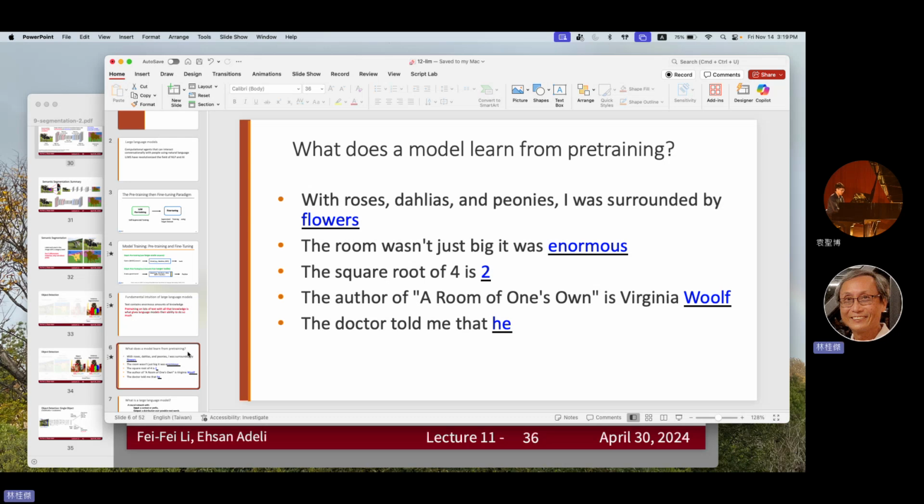When you see this sentence, you can probably predict that you are being surrounded by flowers. But suppose somebody says this, and you are supposed to give the next sentence. What would you say?